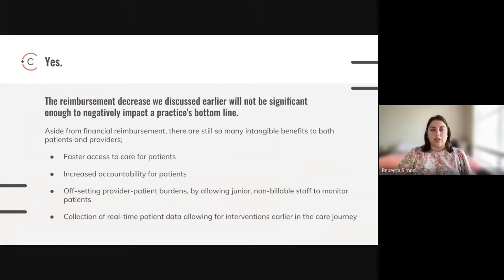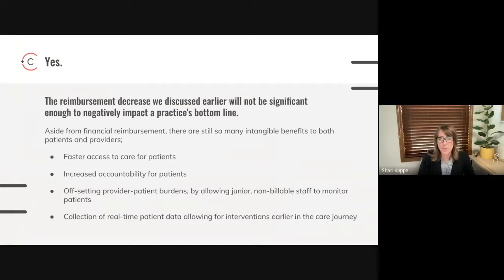Got it. Yeah, so aside from financial reimbursement, there are so many intangible benefits to both patients and providers. Some of the most notable benefits are faster access to care for patients, increased accountability for patients that allows them to be more actively involved in their care journey, offsetting that provider-patient burden, especially during staffing shortages, because it allows your junior staff, your non-billable junior team members, to be able to monitor patients and then escalate to providers as necessary.